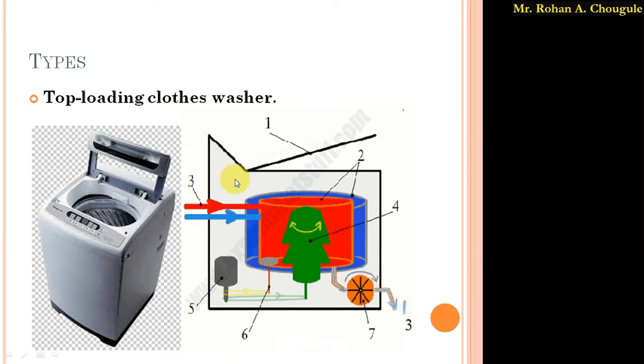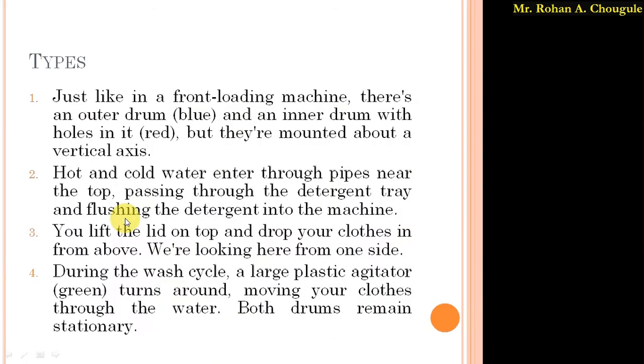When we open this top lid, as I said, you see the drum, and you just have to put the cloth inside this drum. So this is on the left side. This is a top lid which is open, and after opening the top lid, we just have to put cloth inside this drum.